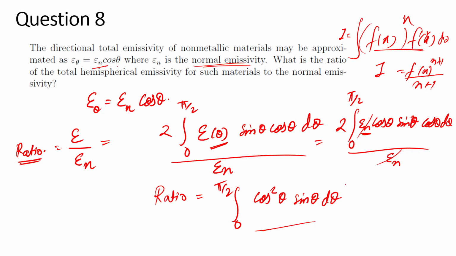So this integration will become, over here we are having 2, so minus 2 cos cube theta upon 3, into the limits pi by 2 to 0. Cos of pi by 2 is 0 and cos of 0 is 1, so we get 2 by 3. So this ratio will come around 2 by 3.